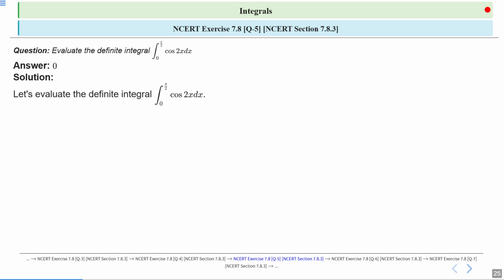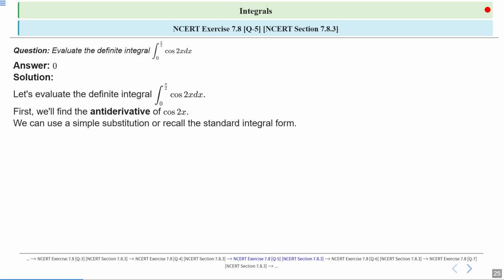So let's evaluate the definite integral from 0 to π/2 of cos 2x dx. At first we find the value of the antiderivative, that is the integration of cos 2x. Now we can use the simple substitution method, or we can recall the standard integral form.